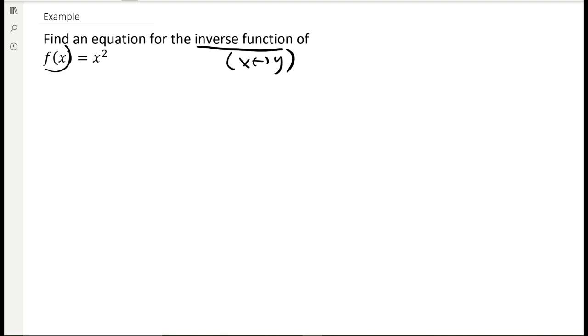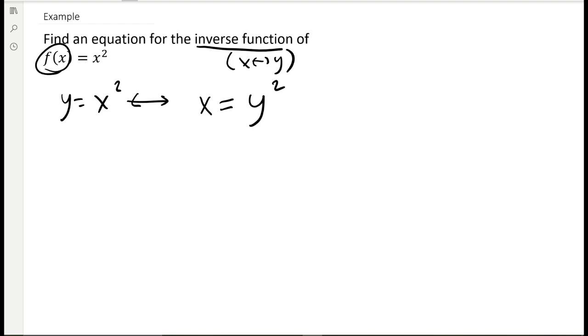Remember that f of x is equal to y. So we have y equals x squared, and then you do the swap, so we switch those. Now we get x equals y squared. All right, then we go ahead and solve for y here.